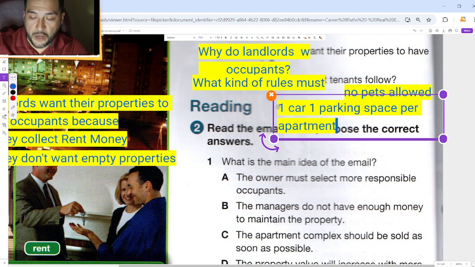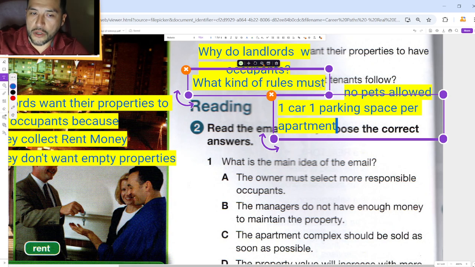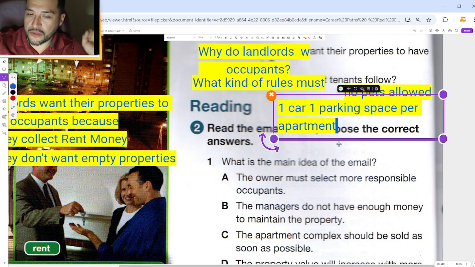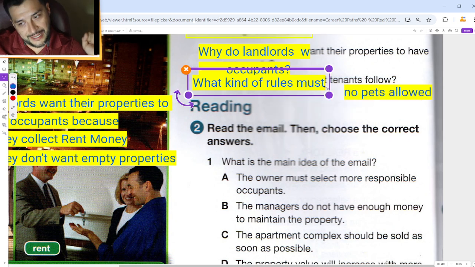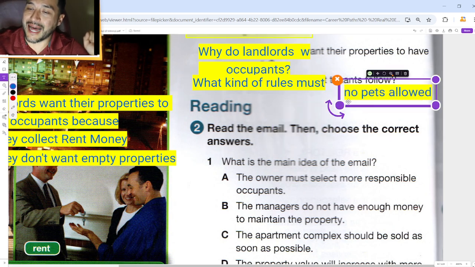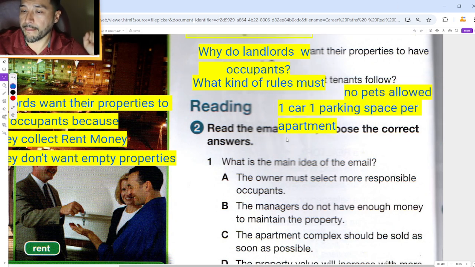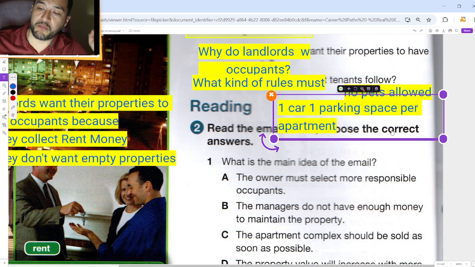So each apartment only has one space. So the rule is only use your space. Don't use other spaces in the parking lot. You can have another car, but you cannot use the parking.